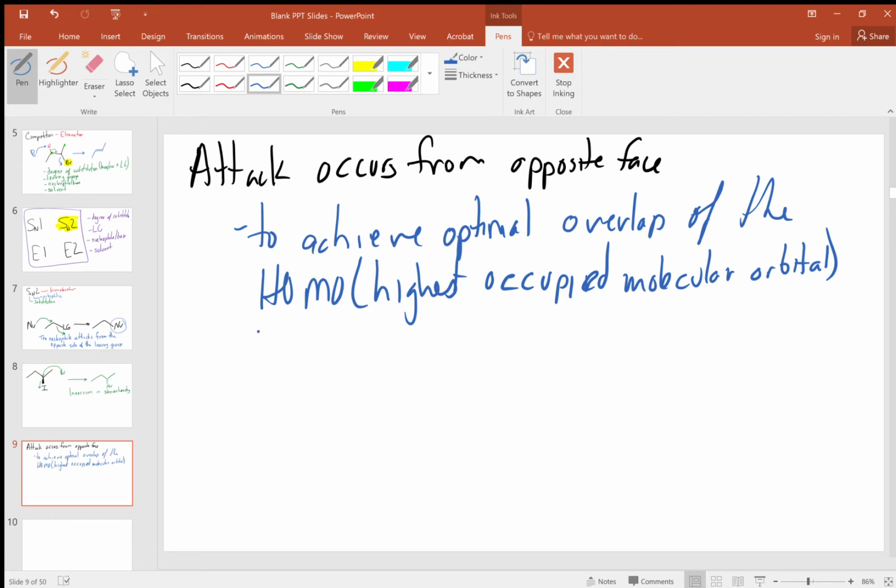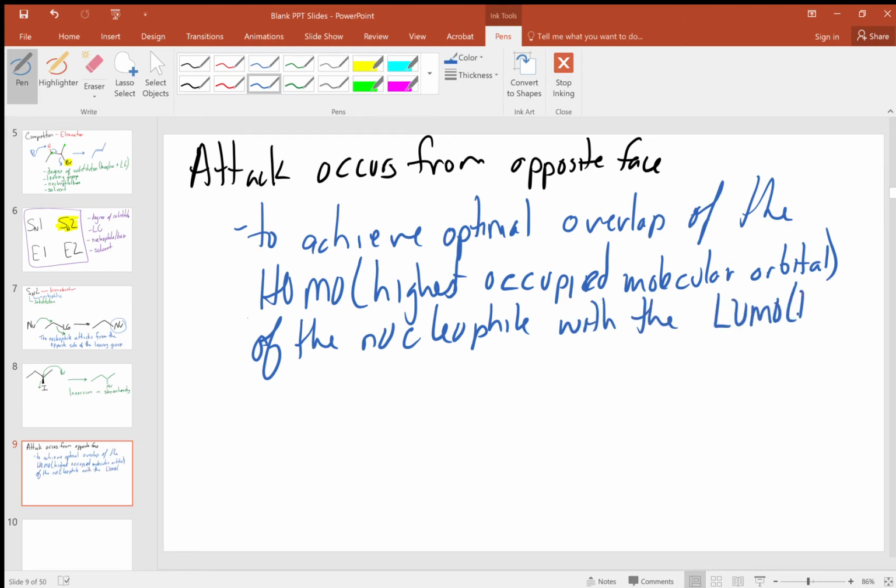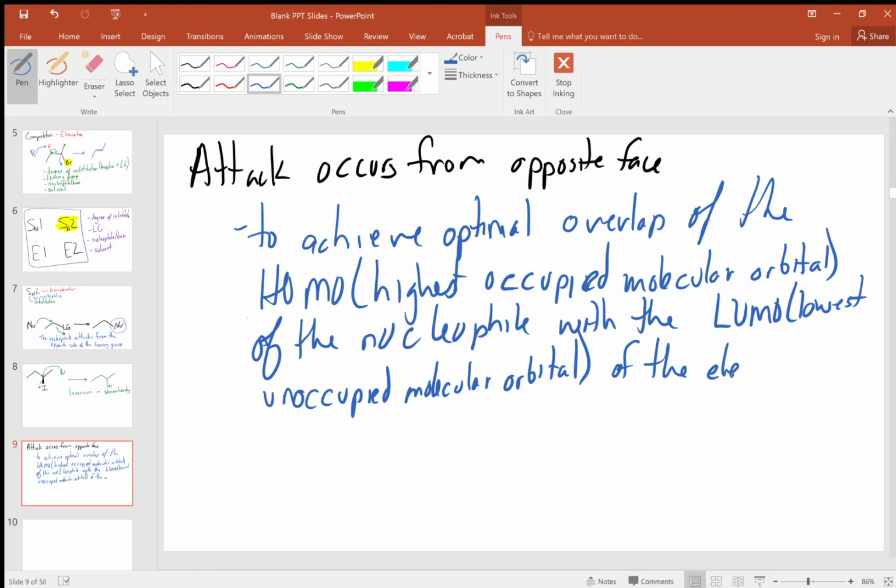And that's the HOMO of the nucleophile with the LUMO, or the lowest unoccupied molecular orbital, of the electrophile.